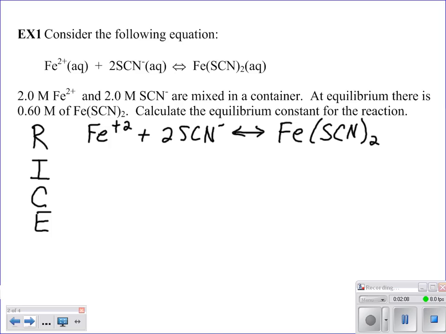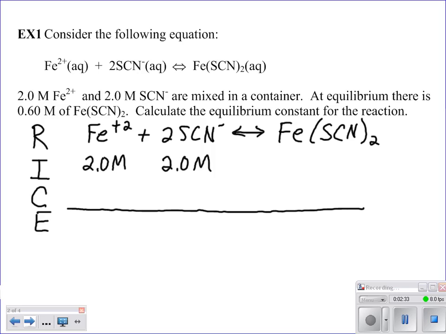I can read through here and I can even write down some information that I'm given. I see that I've got 2 molar iron 2 ions and 2 molar thiocyanate ions. So we can write that down. That is given to us. And we're also told that at equilibrium, so I'm going to draw my line here.